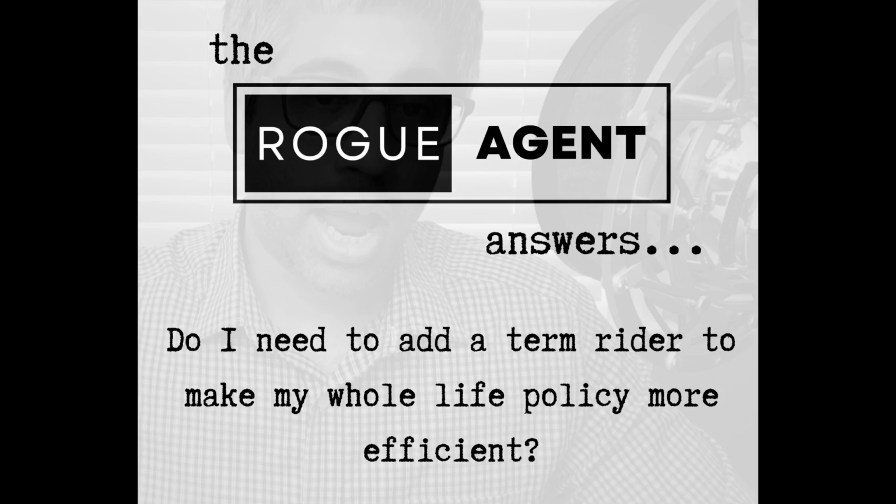That's one of the benefits of whole life insurance. It's stable, it's secure, it moves at a predictable pace. It can't move faster and it can't move slower. It has to move exactly at that pace.